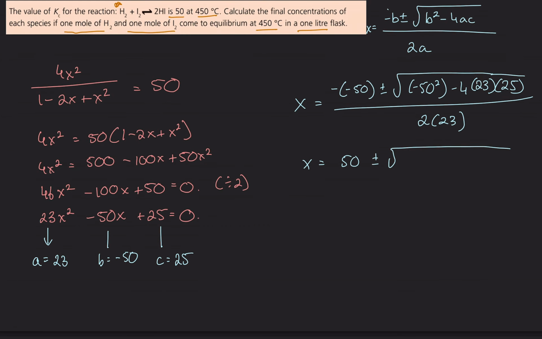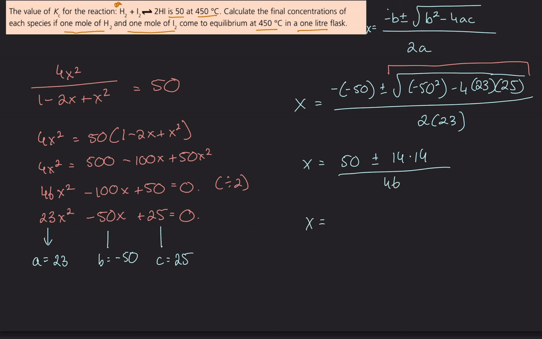Now if you put all of that, even the square root, into the calculator, all of that changes into 14.14. So all of this section here will change into plus or minus 14.14. Then divided by 2 times 23, 46.